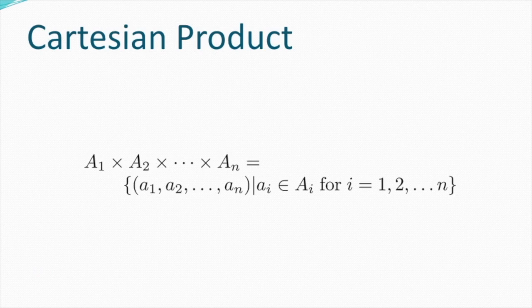So once you think about the Cartesian product, you will find a small subset, A capital 1, A capital 2, and so on, where we have a1, a2, all the way to a of n, where a of i is an element of A capital of i, for a loop basically from i equals 1 to n.